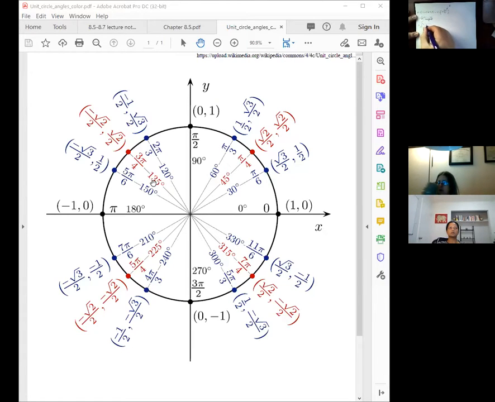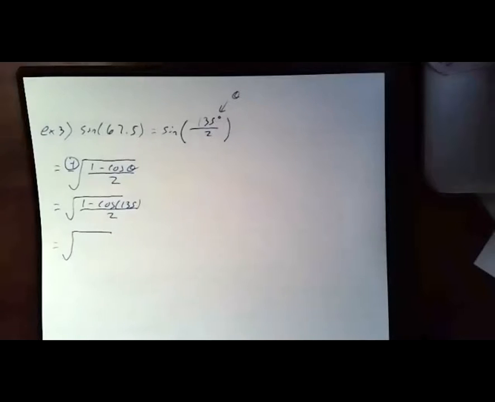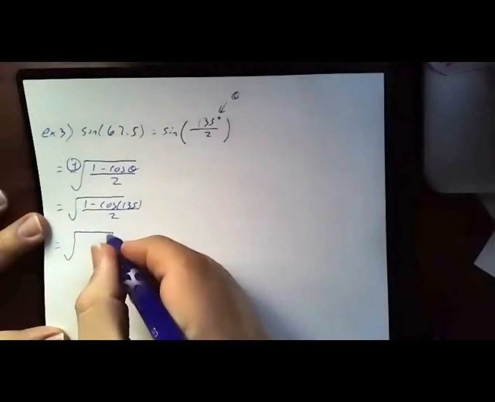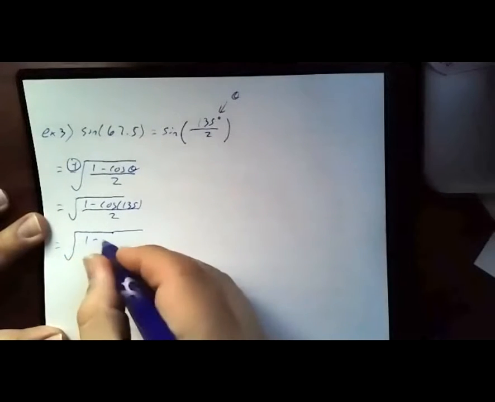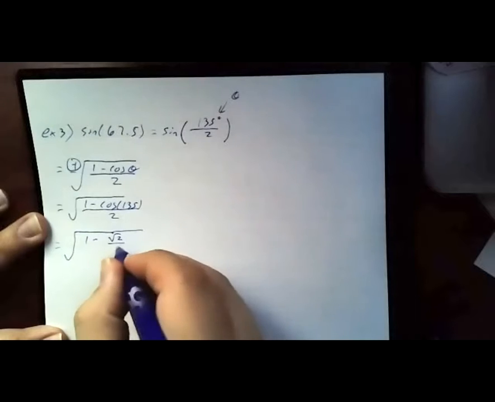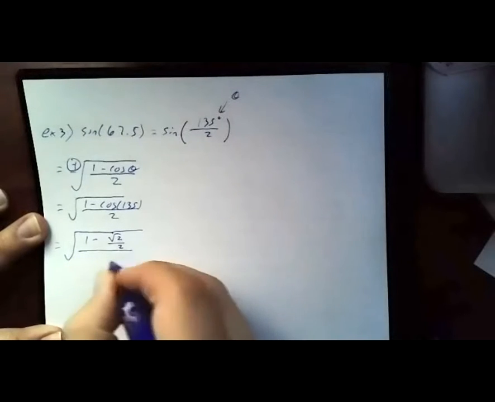So 1 minus cosine of 135, over 2. Cosine of 135 is negative square root 2 over 2, correct? It's right there. So this will be 1 minus square root 2 over 2, over 2.